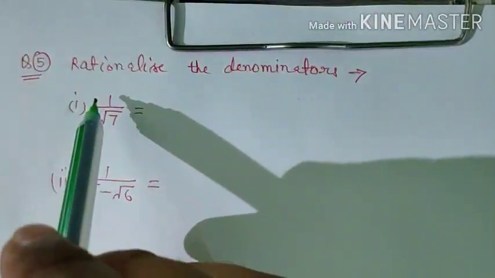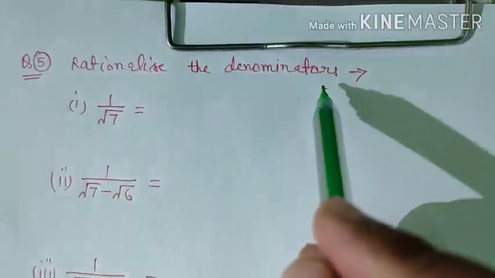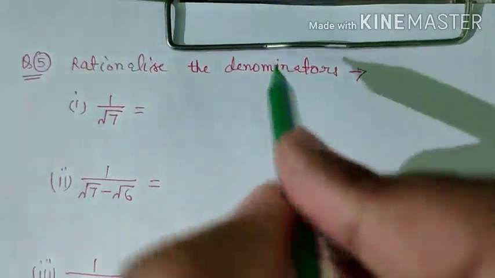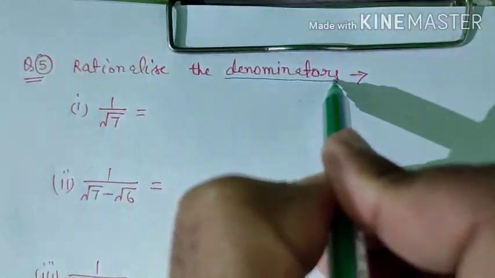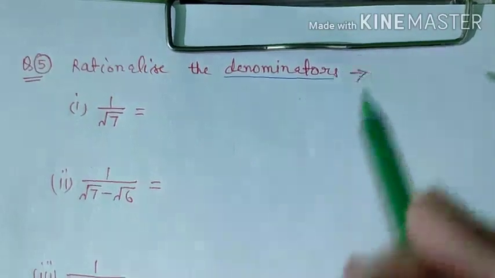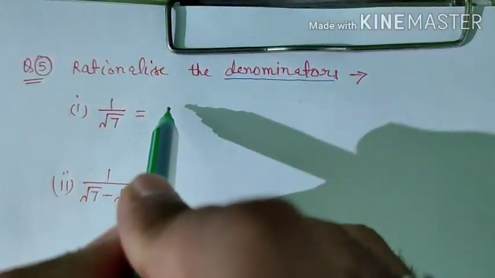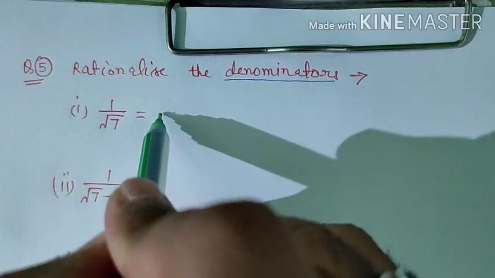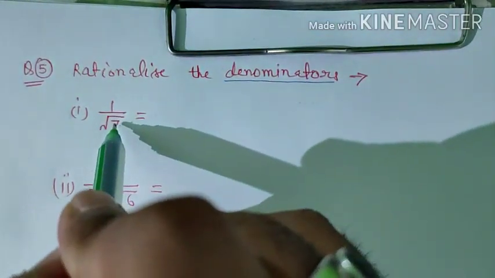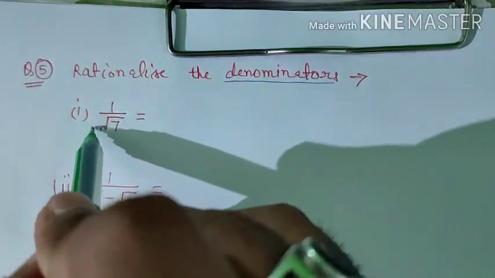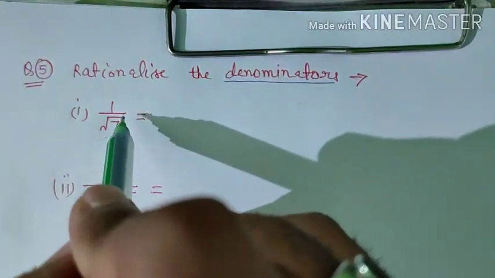Question number 5. Rationalize the denominator. Here they are specifying that the denominator is to be rationalized. It means we have to make the denominator rational.